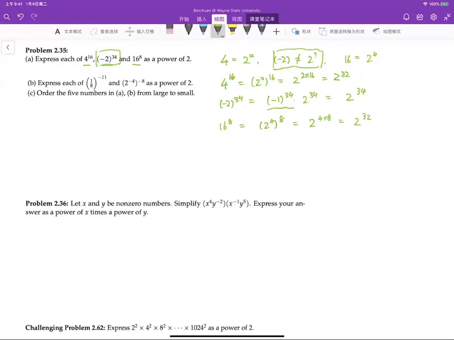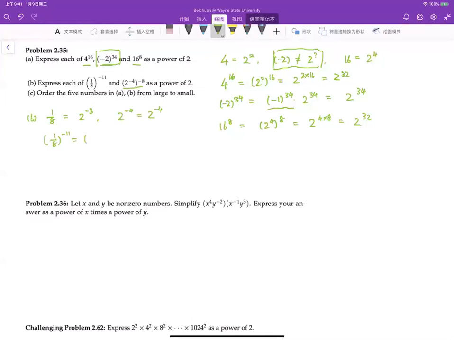All right, so let's look at 35b. For 35b, we apply the same idea. We want to rewrite the bases as a power of 2. So 1 over 8 equals 2 to the negative 3. And for the second one, there's nothing to do because it's already a power of 2, so you can just copy 2 to the negative 4. Let's rewrite the two terms.